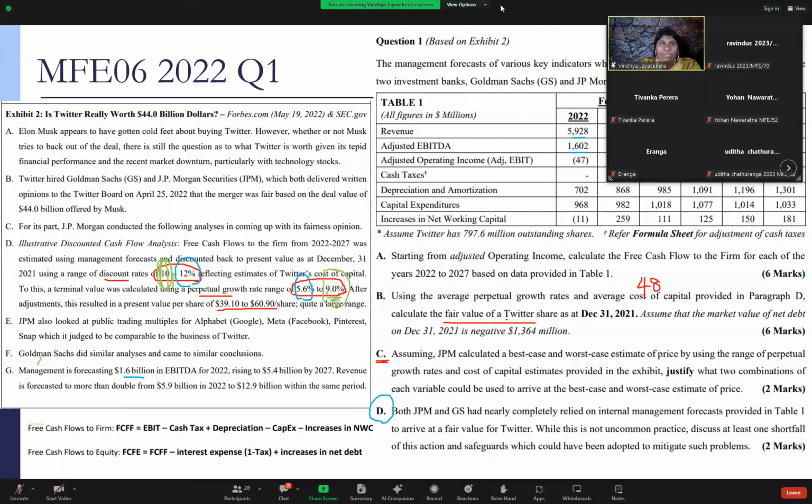Now, it is common practice to work with the management, talk to them, get the management forecast, right? But you can't use them as is. Because, like that was explained, management forecasts are biased. Management wants to show the best picture of the company, or in this case, because the board of directors of Twitter is requesting to get a valuation done, they might even want to show the worst picture of the company.